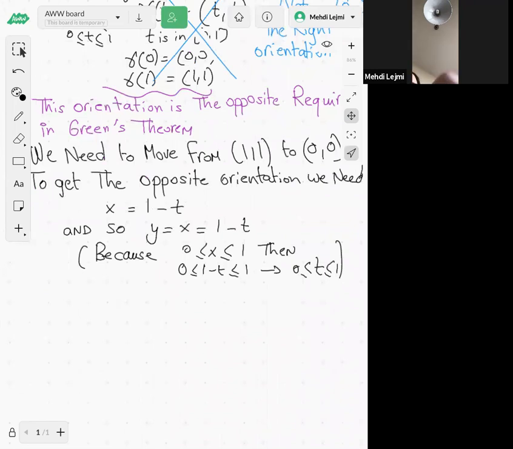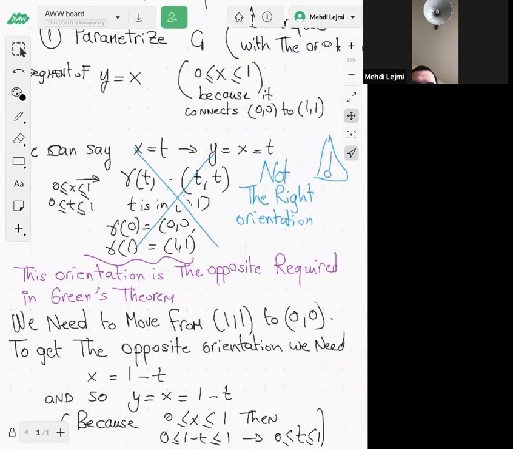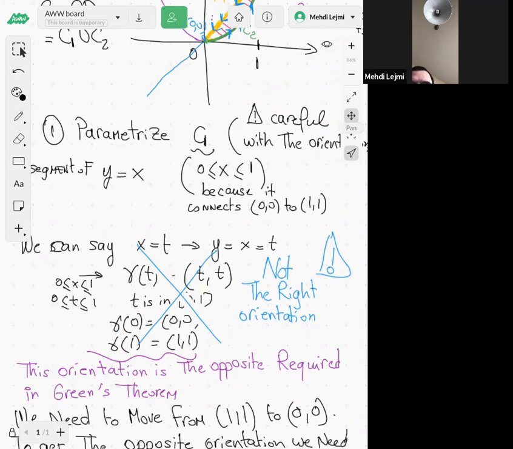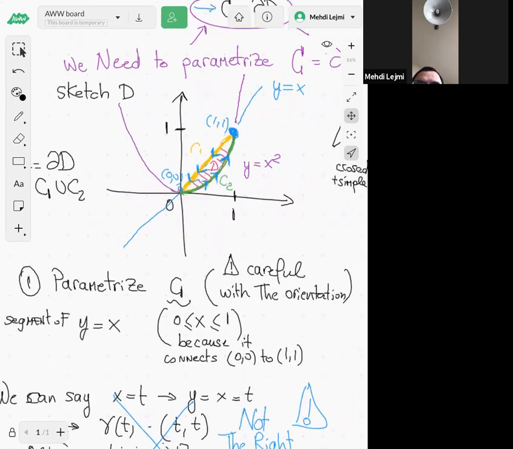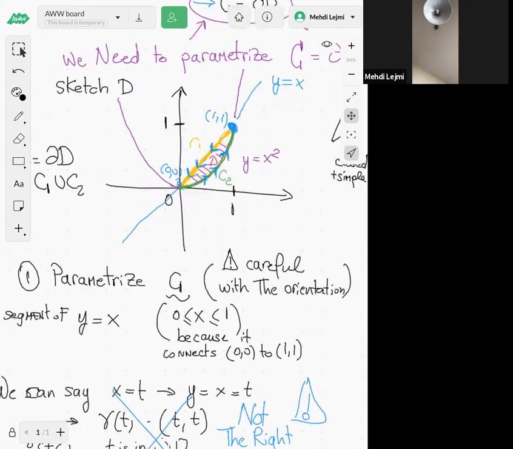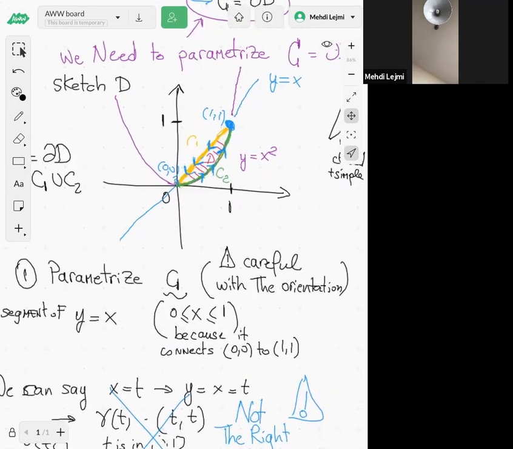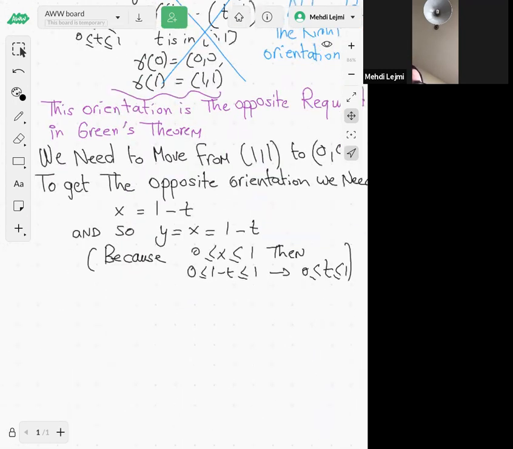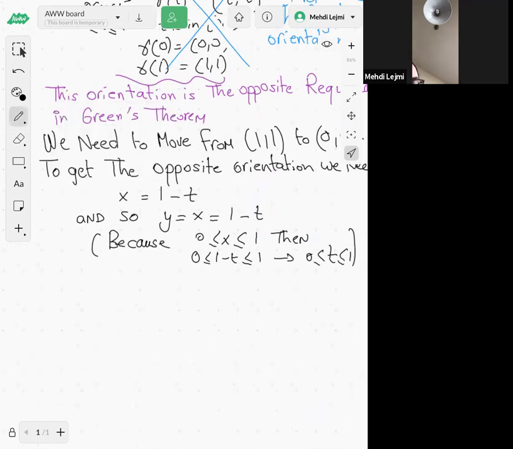So for the first curve C1, we need to parameterize it. That's the line segment, the line y equals x, from 1, 1 to 0, 0. The right parameterization for C1 would be gamma of t equals 1 minus t, 1 minus t, with t between 0 and 1.